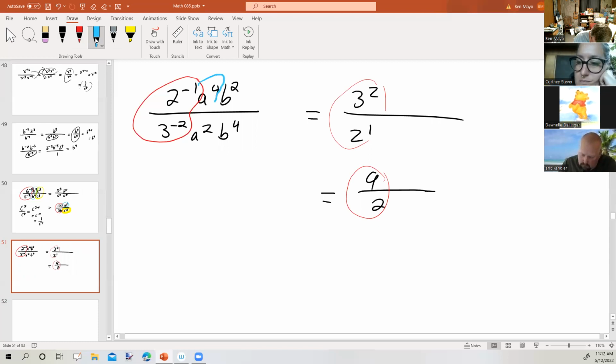Yes. Then let's take this. A to the 4th over a squared is a to the 4 minus 2, or just a squared, and that's up on top.